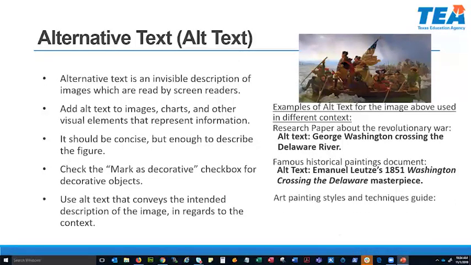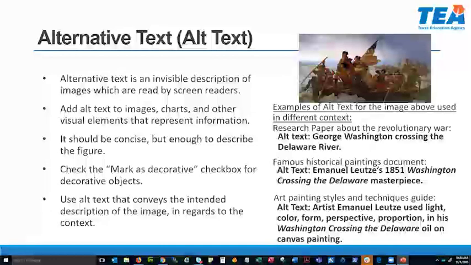If my document is about art, styles and techniques, and this picture is in there as an example because of the way it was painted, a good alt text could be artist Emanuel Leutze uses light, form, color, perspective in his Washington Crossing the Delaware oil on canvas painting. So we're using the same picture here, but depending on the context of our content, you want to have an alt text that relates to that.